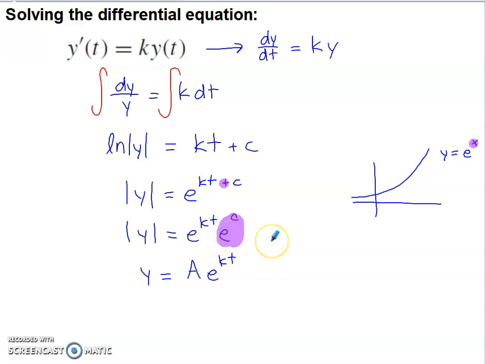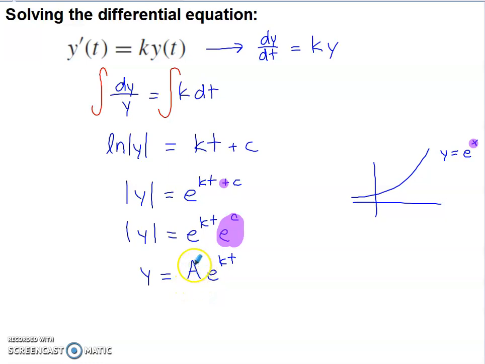Now, I don't know the value of that number, but what I'm going to do is re-represent that number with an arbitrary constant a. And it's important to say that it's arbitrary, because if I say that a is equal to e to the c, I have to maintain use of the absolute values, because e to the c is only ever going to be positive. But if I find a way to allow the right side of this equation to become negative, I can then drop the absolute values around the y, because then that side of the equation can also become negative.